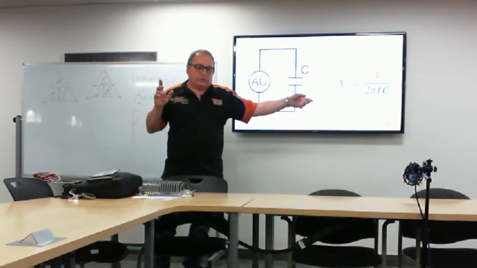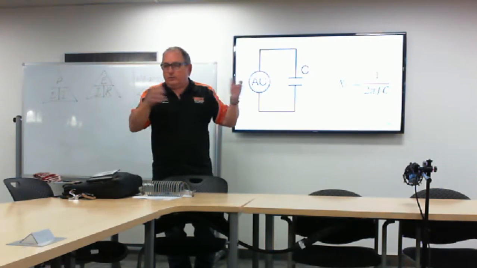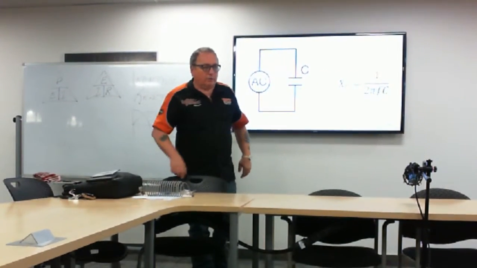The two formulas both have to do with frequency. One has to do with inductance, the other with capacitance. And that's the resistance to the movement of the frequency of the current.